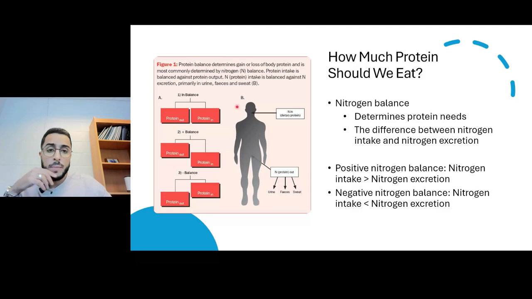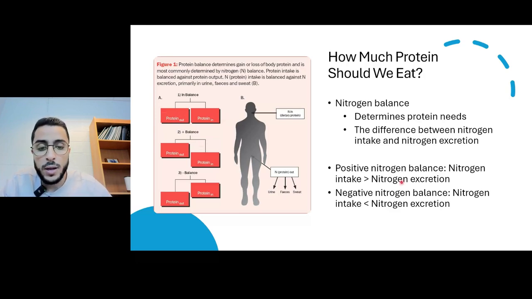We determine the amount of protein that we eat based on the nitrogen balance. So you need to have nitrogen levels that are in balance. This is basically the amount of nitrogen that you intake compared to the amount of nitrogen that you excrete. Okay?